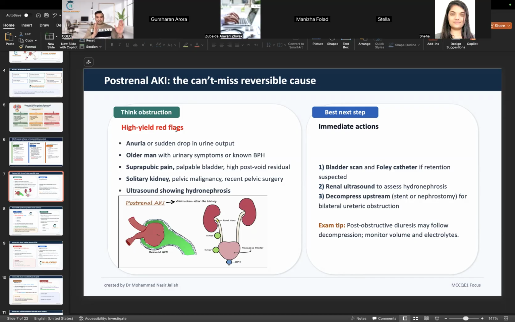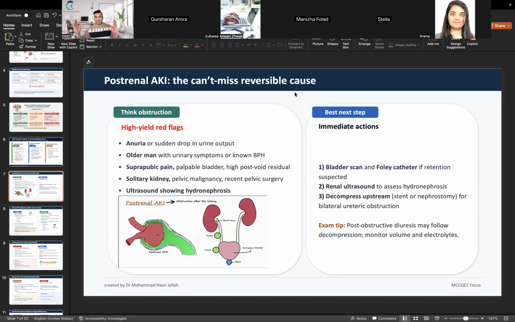So for pre-renal, let's say the pre-renal acute kidney injury is secondary to dehydration and you start isotonic fluid therapy. As soon as you start IV hydration, the patient will start improving within 24 to 72 hours.